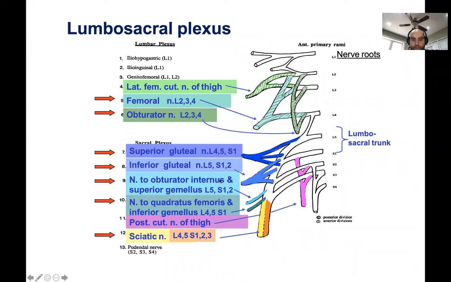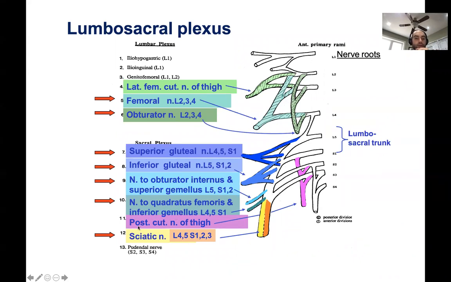So obturator internus is a muscle in our glutes, and the superior gemellus is a muscle in our glutes. And we're going to be talking about that in the next few lectures. And then the nerve after that, same idea, nerve to the quadratus femoris and inferior gemellus. It has its origins in L4, L5, and S1. Again, named after the two muscles it innervates.